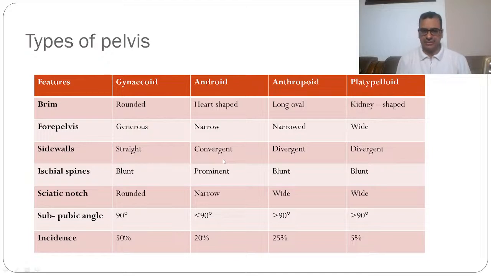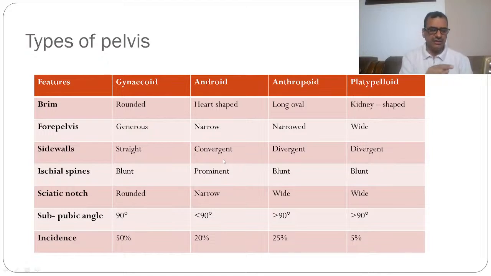Ischial spines are blunt in gynecoid, while prominent in android. Anthropoid and platypoid again have blunt ischial spines. The sciatic notch is rounded in gynecoid, while narrow in android. Anthropoid and platypoid have wide sciatic notches.